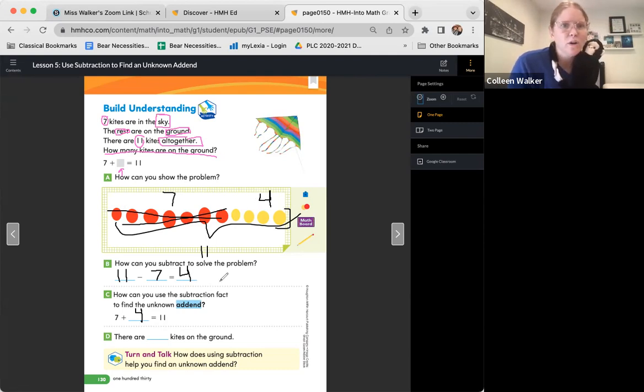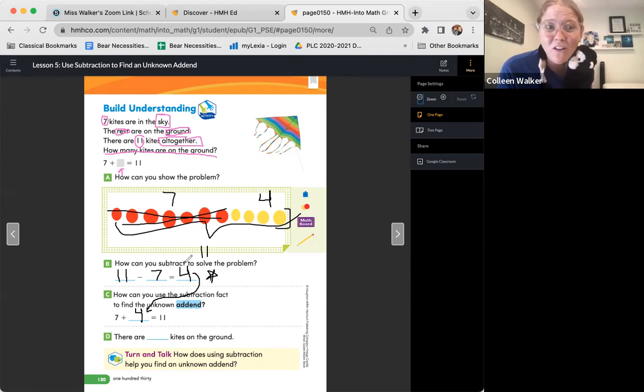All right. So did you guys know that this right here? Oh, we'll talk about that in a second. Or I was just going to point it out to you real quick. The answer 4, the answer to the subtraction sentence, the subtraction fact, helped me know what the unknown addend was.